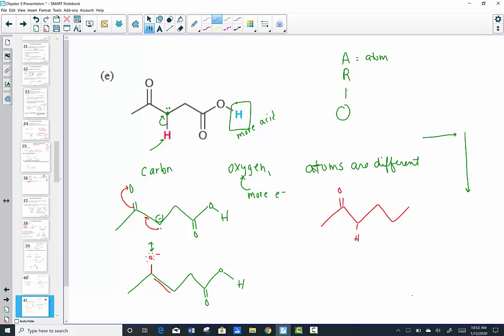And so, does this have the ability to be resonance stabilized? And the answer is yes, because the set of lone electrons can form a pi bond there, forcing this pi bond onto the oxygen. And so, that hydrogen's still there. The oxygen now has 2 dots here, and we have a double bond.